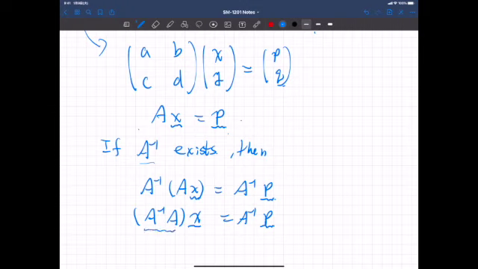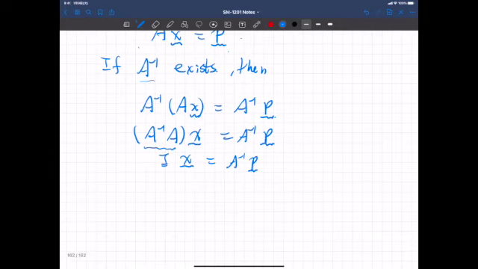But this is the identity matrix. When we don't care about dimension, we just write I. And A inverse p. Multiplying by the identity matrix doesn't change the vector, so this is equal to this.